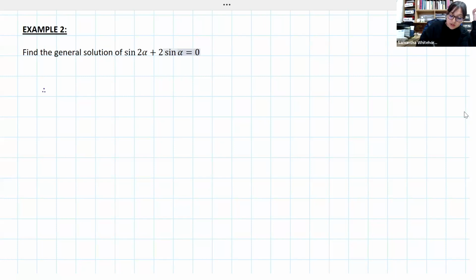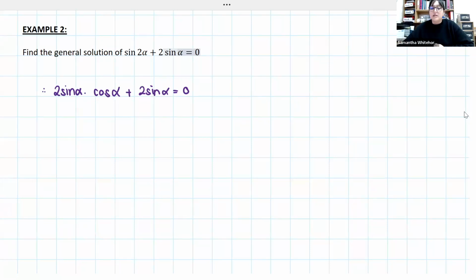So we're going to change this to 2 sine alpha cos alpha plus 2 sine alpha is equal to 0. And what you'll often see happens once you've applied your identity or your formula is that both of these terms now have a sine.